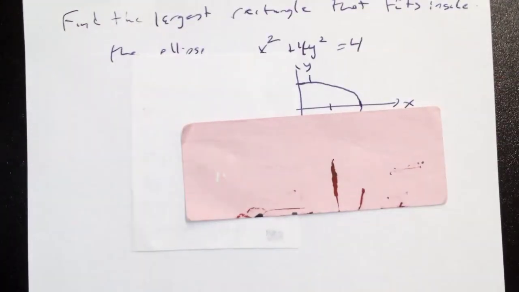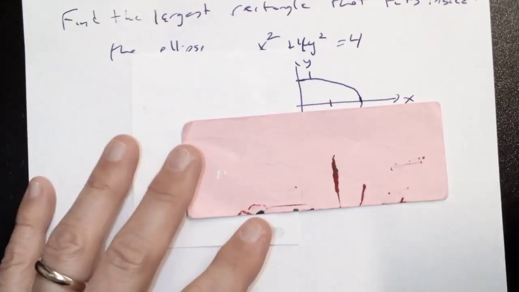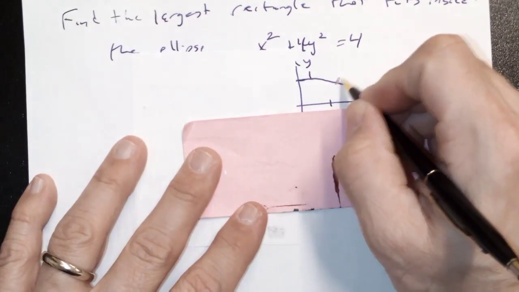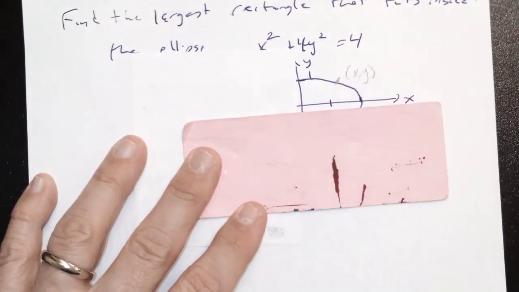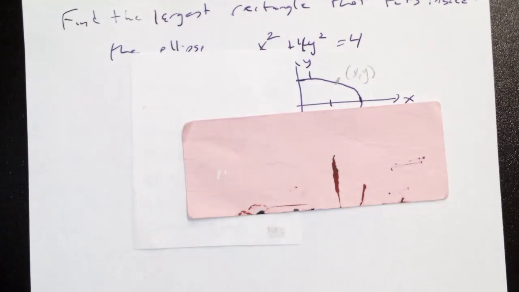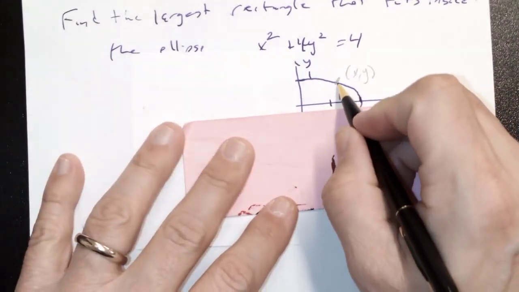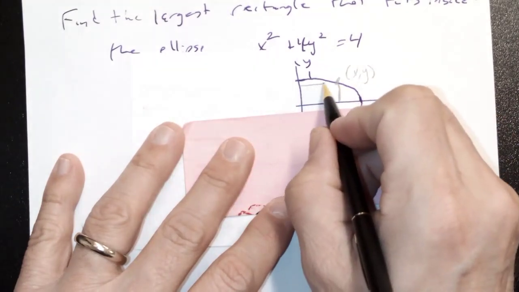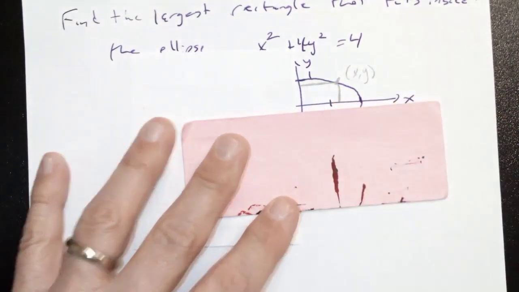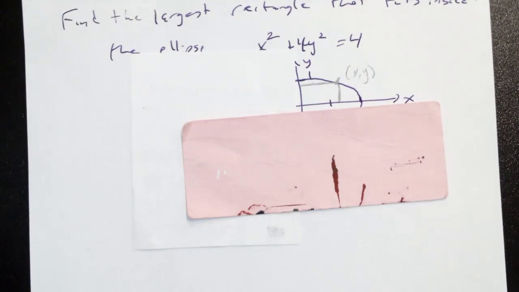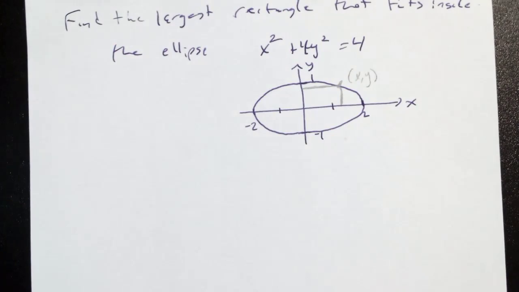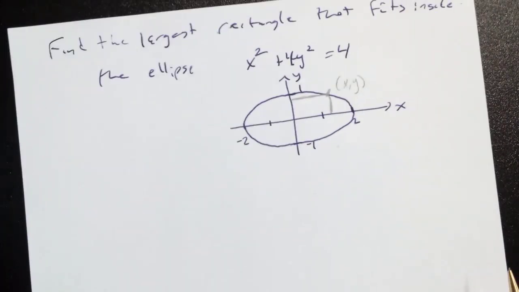So let's put a point on the curve. And then clearly I have a rectangle from here. There's my rectangle. Now I take this away and I can flip it over, right?